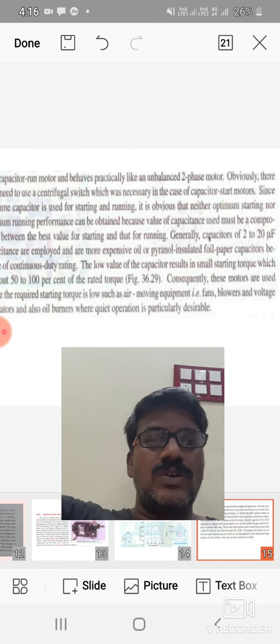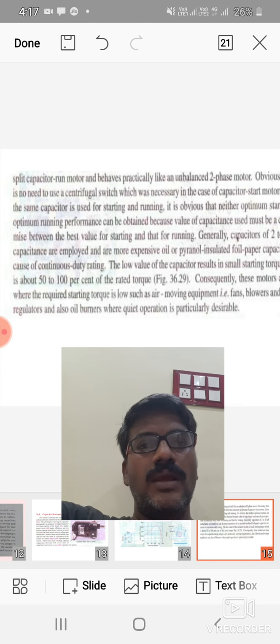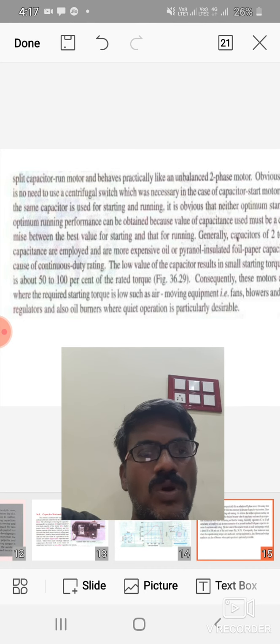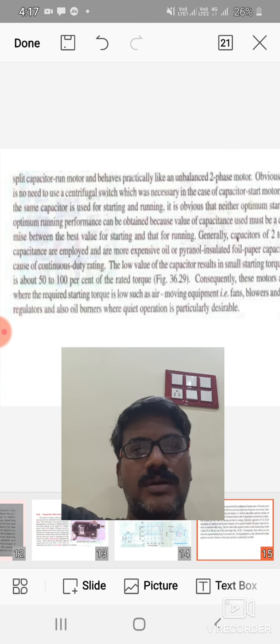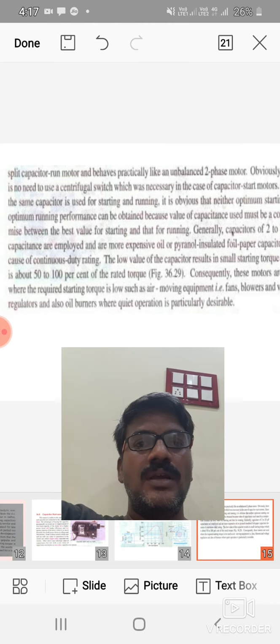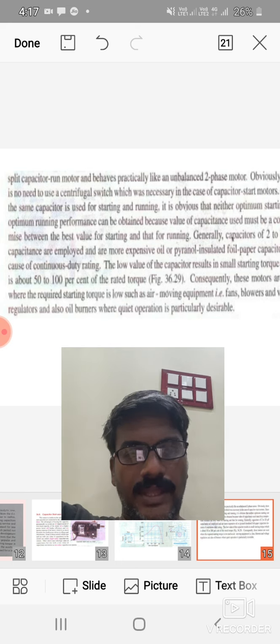Generally, capacitance of 2 to 20 microfarad is employed, and oil or pyranol insulated foil paper capacitors, which are more expensive, are used because of the continuous duty rating.